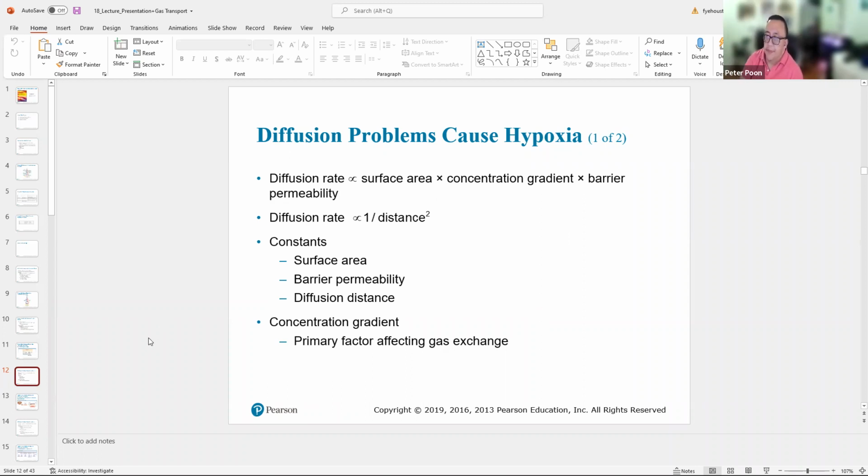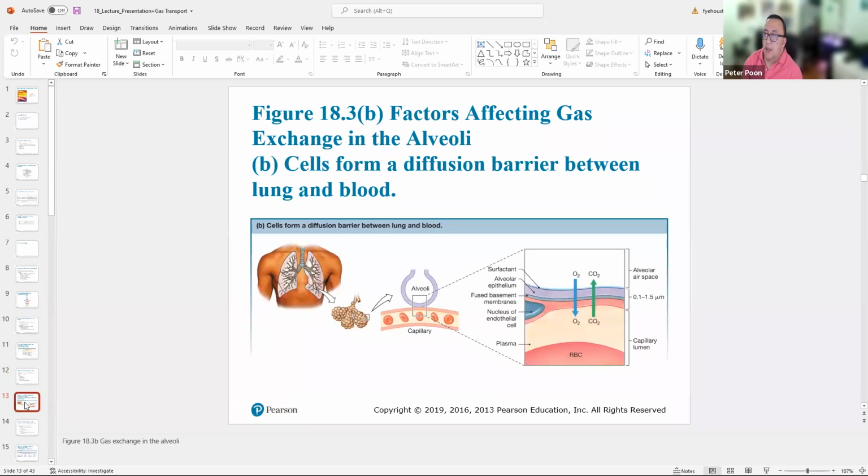One of the reasons why we tell you in anatomy that simple squamous is really important in lungs is that the thicker it is, the more the diffusion rate slows down. Every little bit decreases the rate of diffusion by a lot.